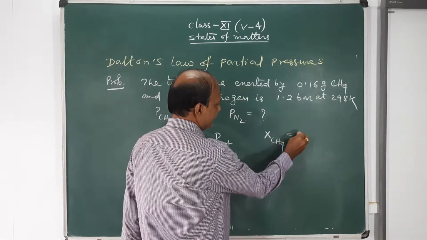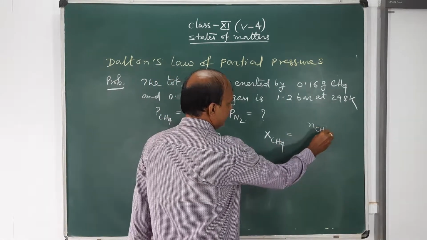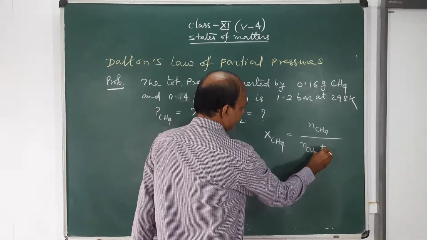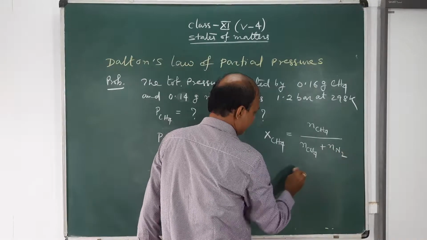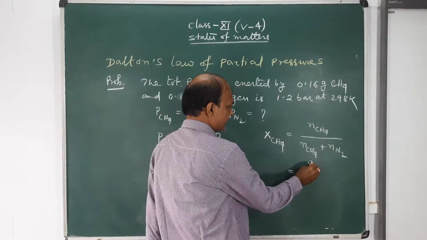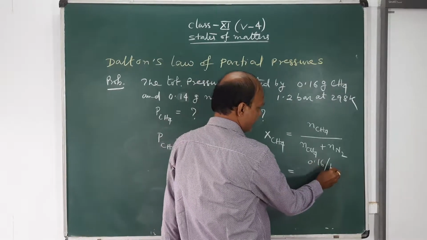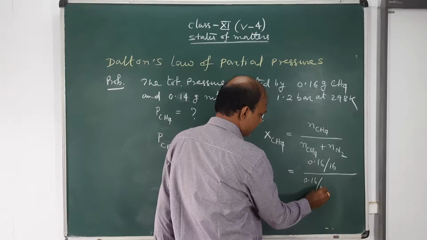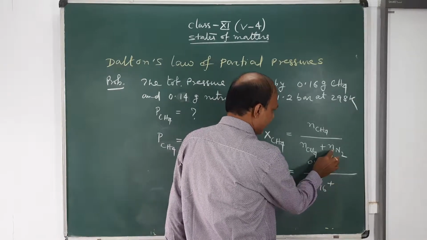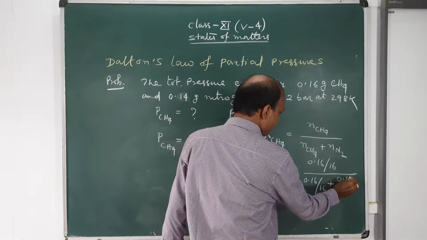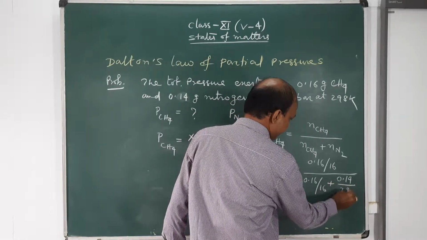Mole fraction of methane equals number of moles of methane divided by number of moles of methane plus number of moles of nitrogen, because there are two gases. Number of moles of methane equals 0.16 by molar mass of methane 16, plus weight of nitrogen 0.14 by molar mass of nitrogen 28.